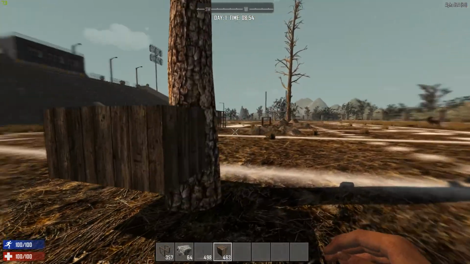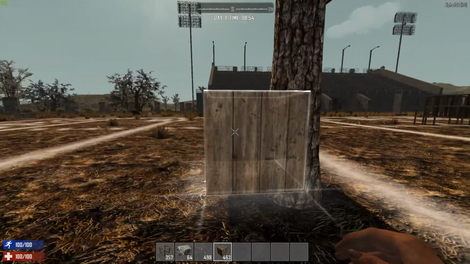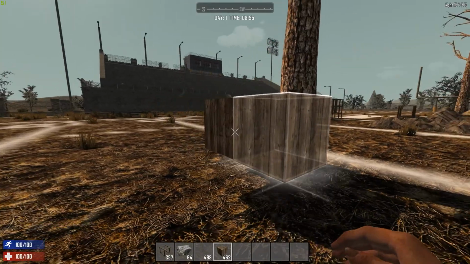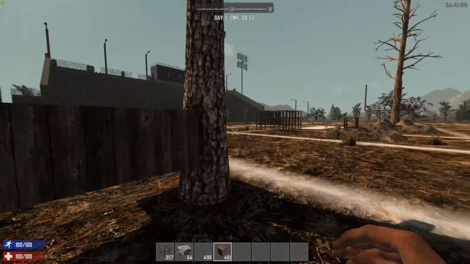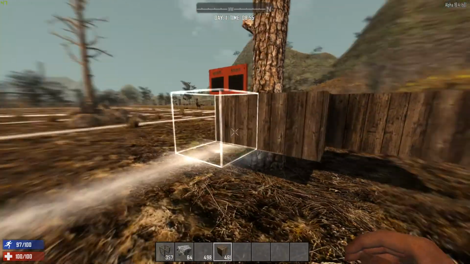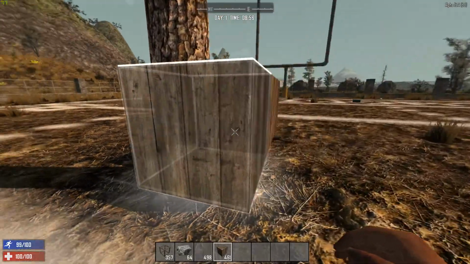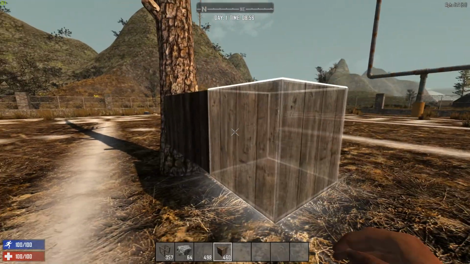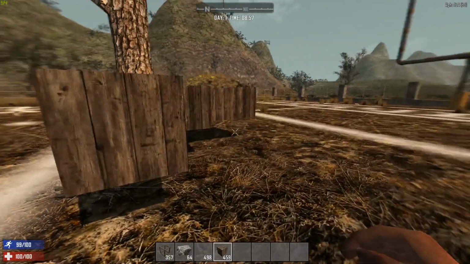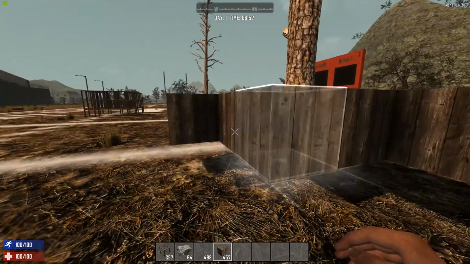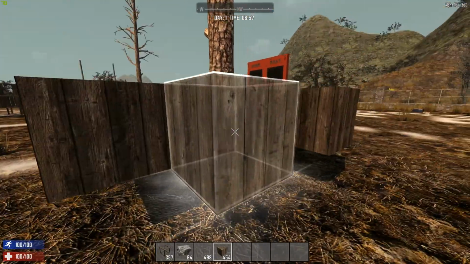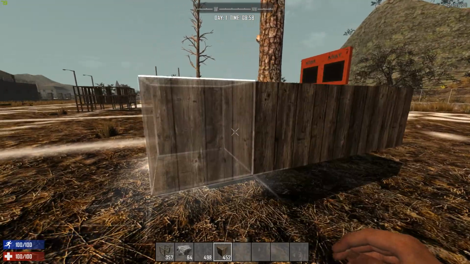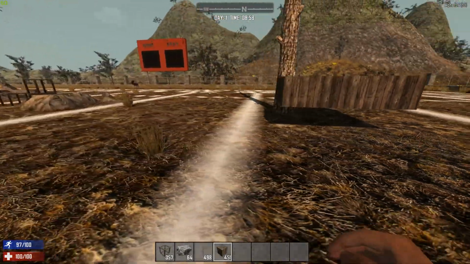So if I place here a 1, 2, 3, so with the 3 is 4. 1, 2, 3, 4. And I put a wall here.